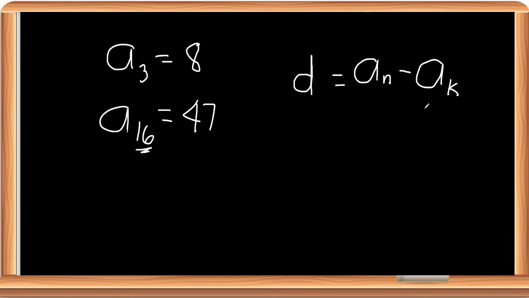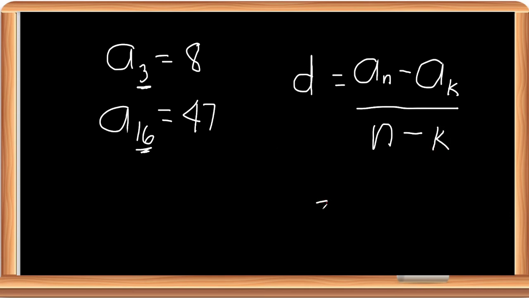Wala kang a sub 1. So, we can use a sub k na lang. And then, over yung n, in this case, yun yung 16, yung pinaka-latest. And then, minus mo ngayon sa k, yung pinaka-n nung a sub k mo, nung unang ginamit mo dito. So, we have k.